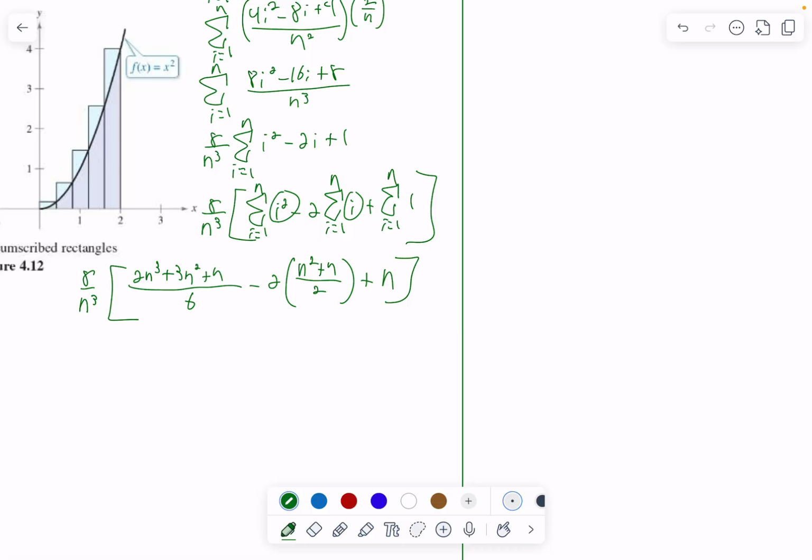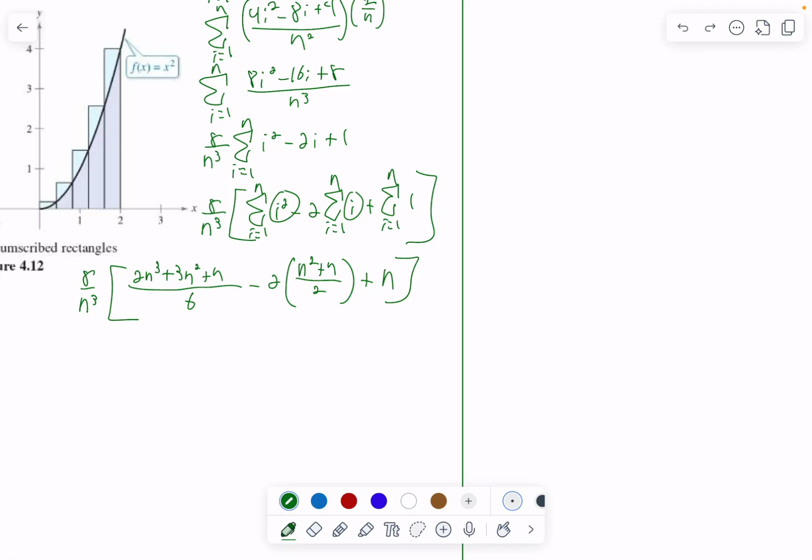So now let's distribute this 8 over n cubed. Follow along, Jaden. I'm going to multiply 8 times 2, which is 16n cubed, all over 6n cubed. All I'm doing is distributing right now.